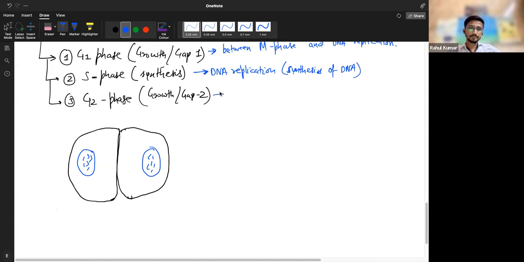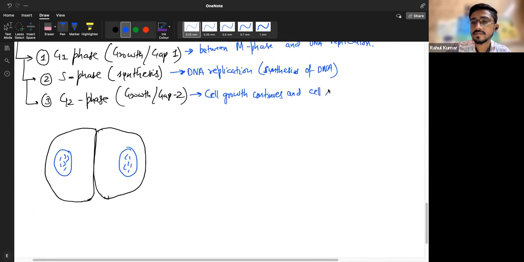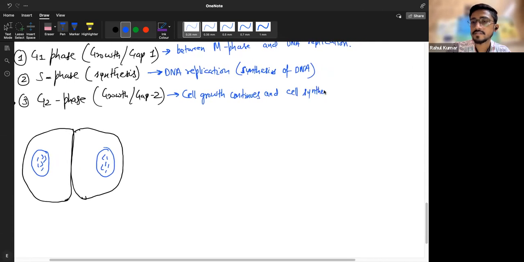During the G2 phase, the cell growth continues and the cell synthesizes some proteins required for division.